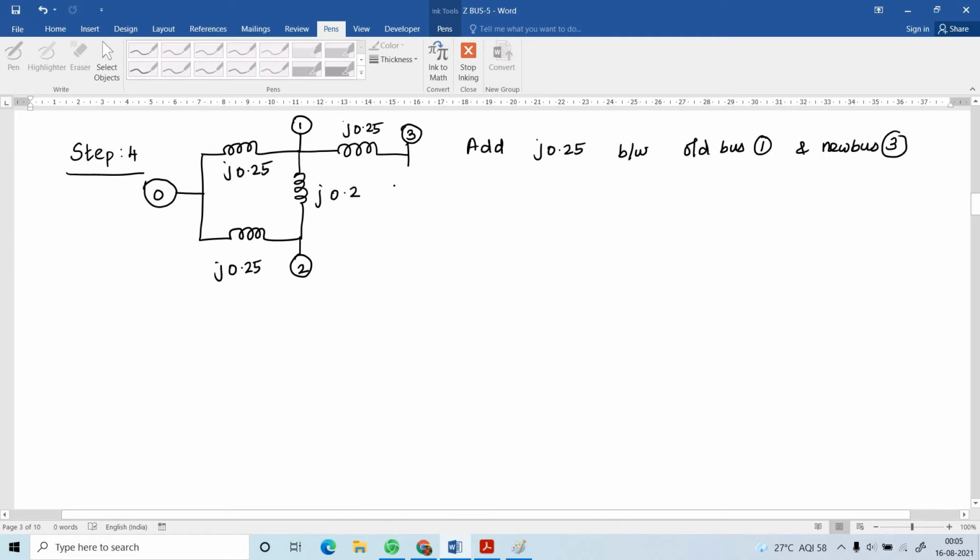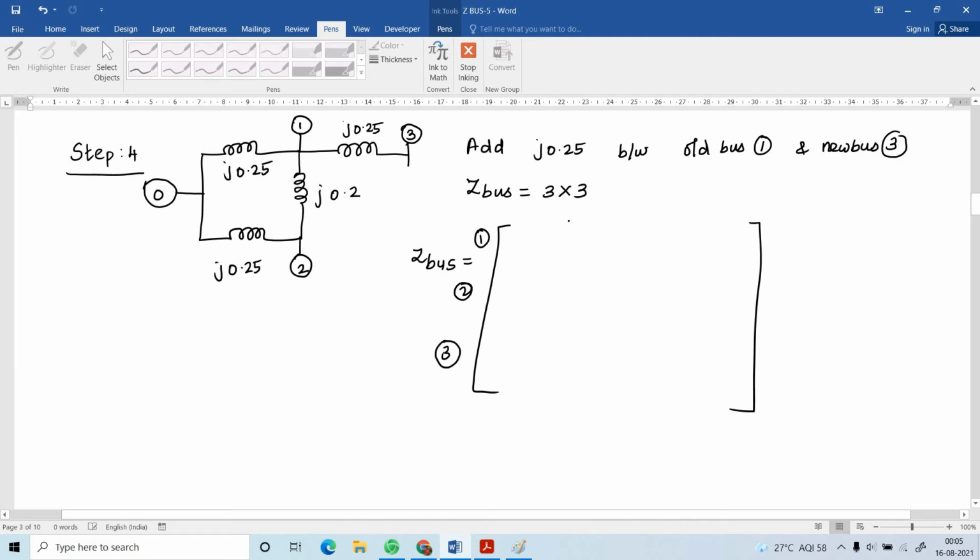Here, what about the order of the ZBUS matrix? Here, a new bus is added. The order of the ZBUS matrix is increased by 1. So, the order of the ZBUS equals 3 cross 3. Now, I am going to find out the ZBUS. Already, we got the answer for the old bus. So, I have to rewrite this once again.